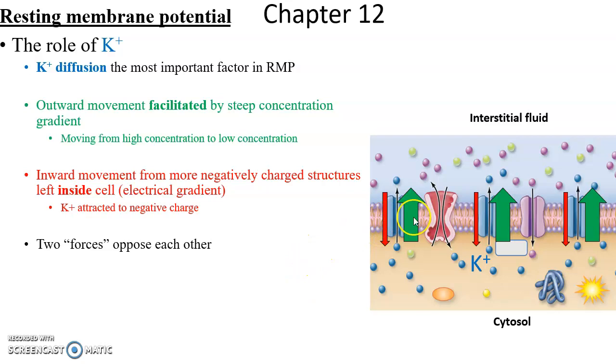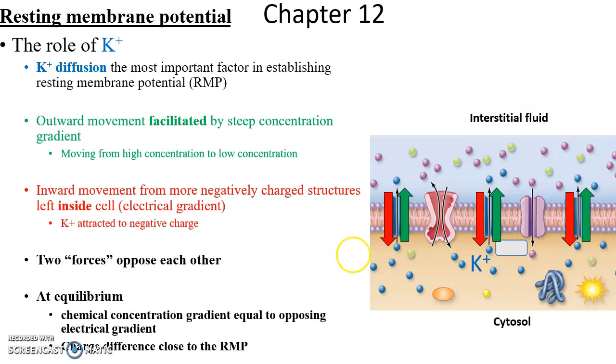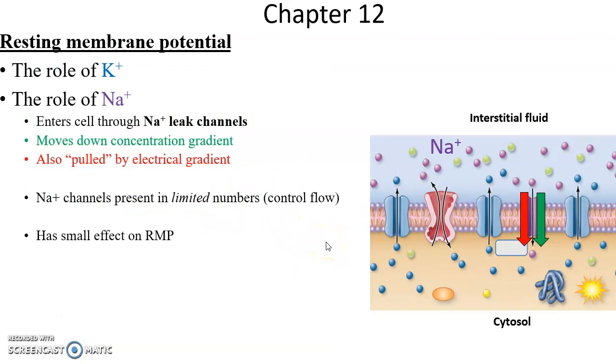These two forces are opposed to each other, but over time they will reach equilibrium so that the push in and the push out are equivalent. And this is what generates the resting membrane potential. Most of it, not all of it, but most of it, say -60 millivolts, I made that number up, is generated when we get equilibrium between the movement by concentration gradient versus electrical gradient.